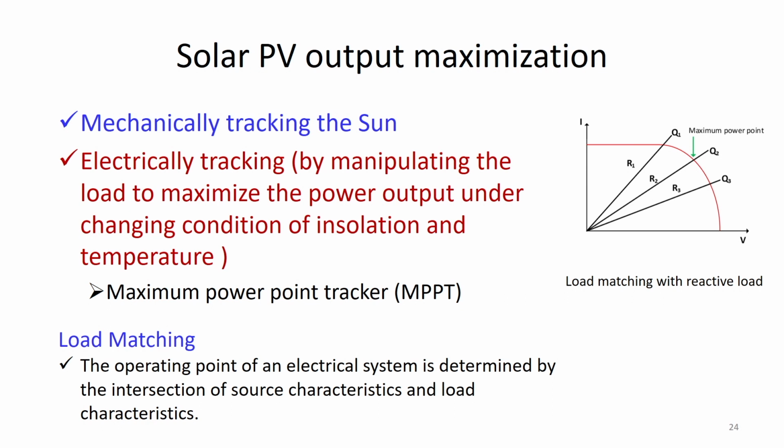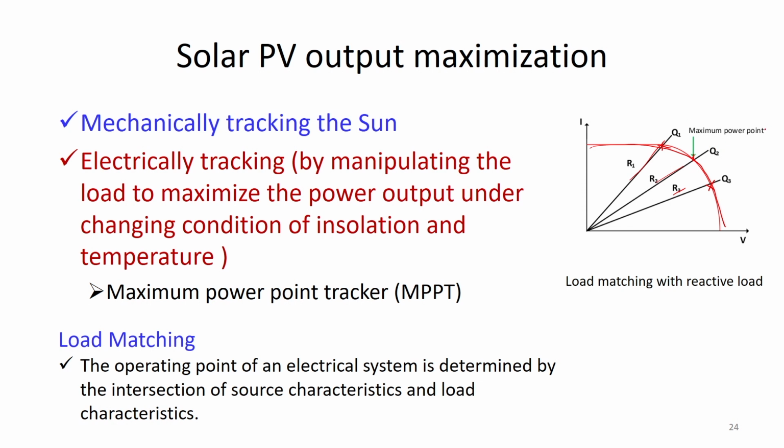Also, we can think of load matching. The operating point of an electrical system is determined by the intersection of source characteristics and load characteristics. So, you can see these are the characteristic lines and these are the intersection points. There are different loads connected.